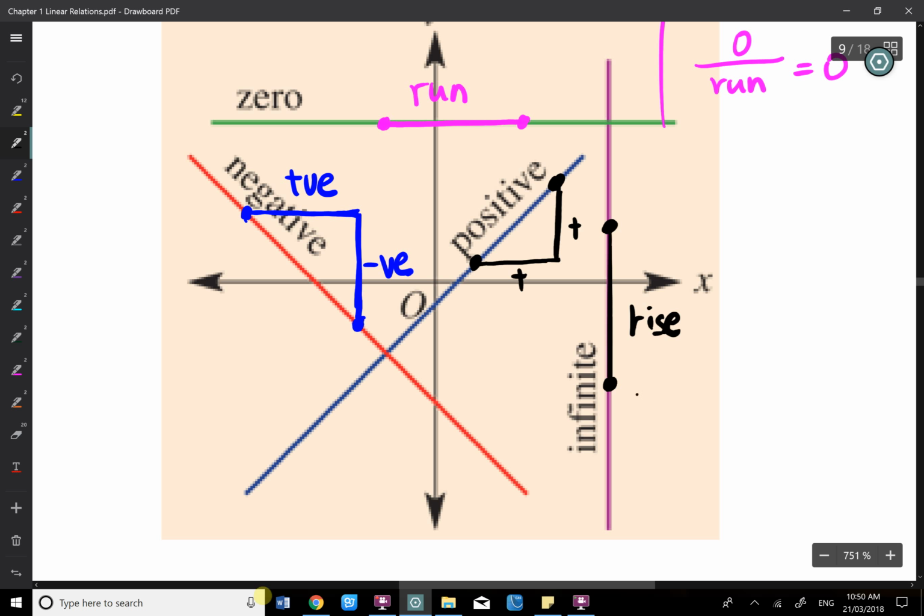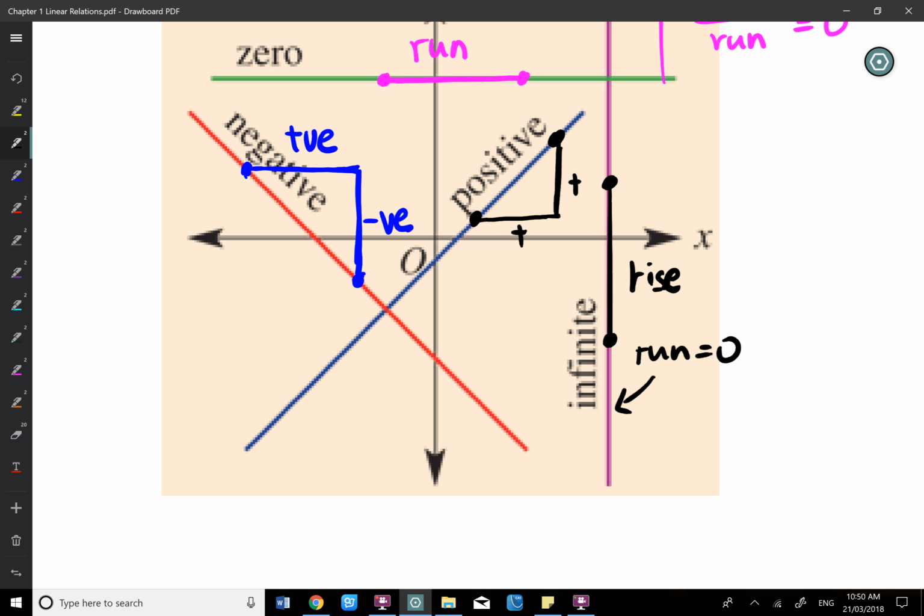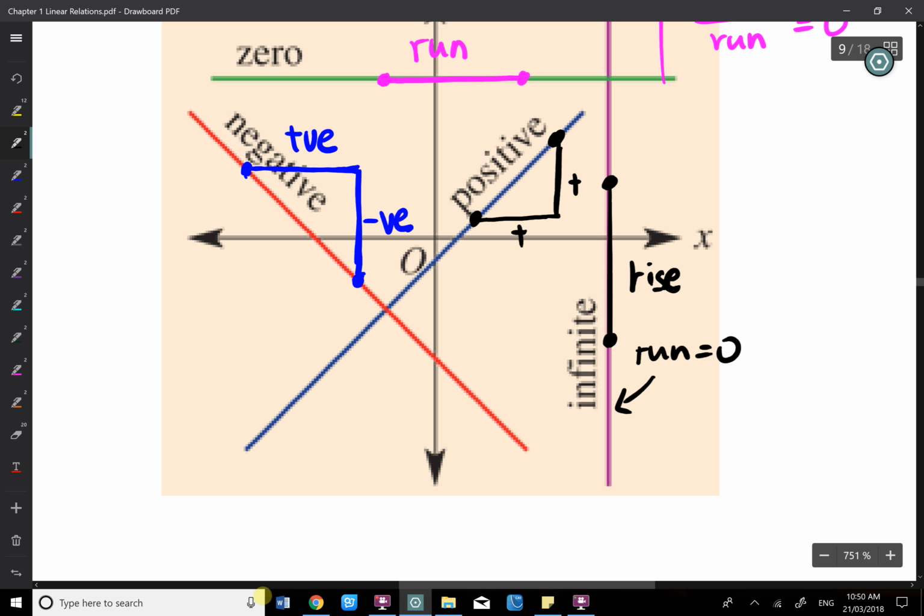No. So the run equals 0 in this graph. Any 2 points won't have any change in the x value. They all share the same x but different y values. You can increase or decrease as much as you want, but what you have now is rise over 0.